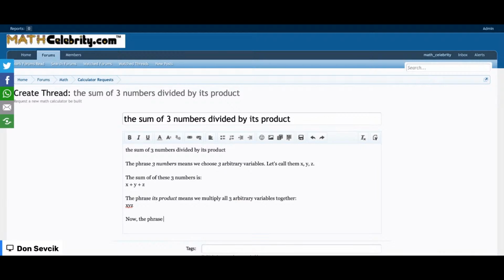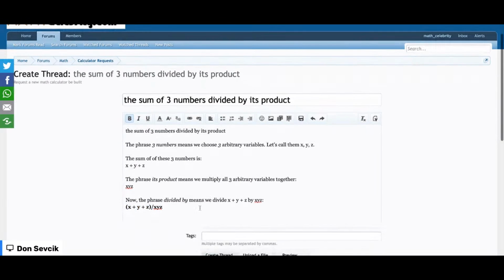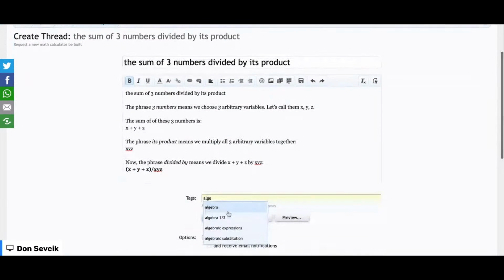Now, the phrase divided by, and we divide x plus y plus z by x, y, z. So we take this and we have to wrap this in parentheses because we're dividing by that whole term. So that is our answer.